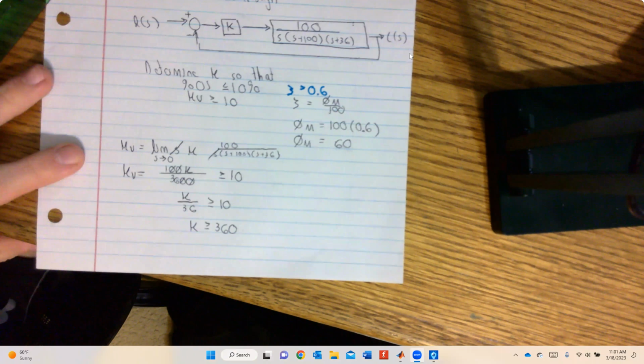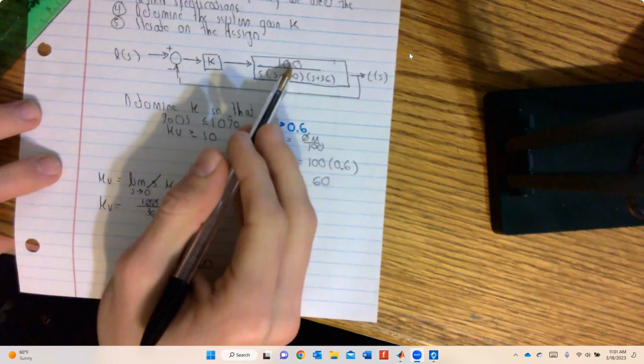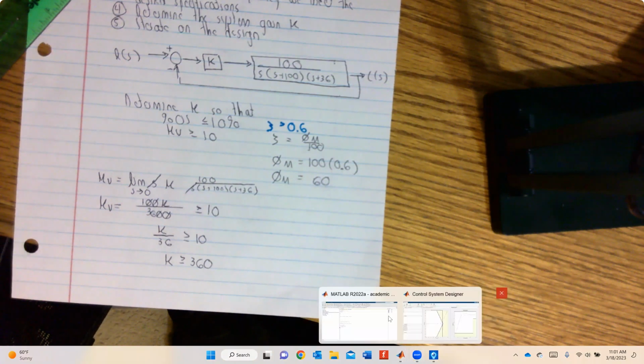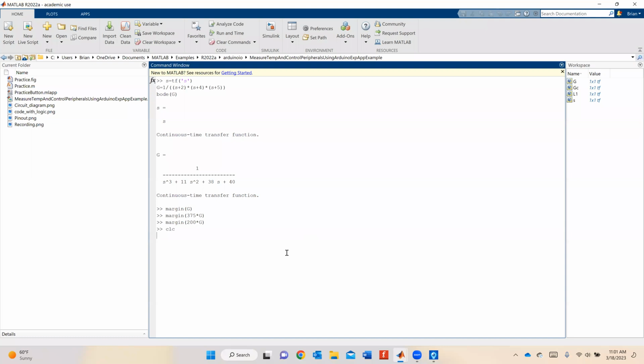So let's plot the Bode of the uncompensated system. So just our G of S here. When we plot the Bode of the uncompensated system, what we're going to see specifically in MATLAB is, if we clear everything, then we do s is equal to transfer function of s. And then we're going to do G is equal to our uncompensated system, 100 divided by s times s plus 100 times s plus 36.